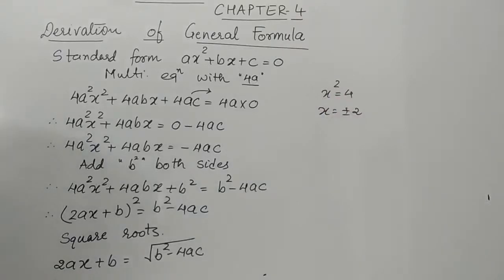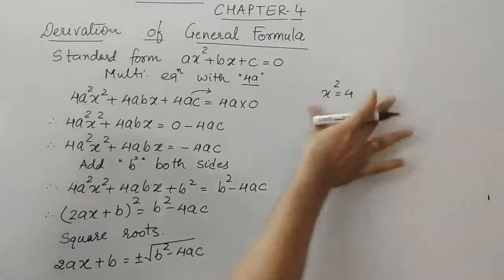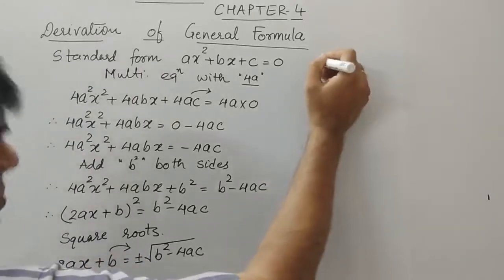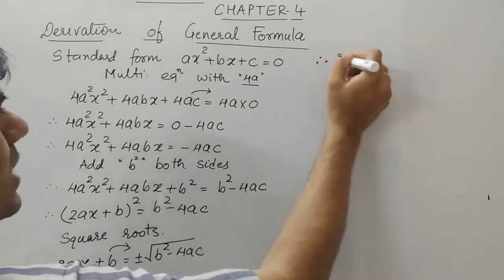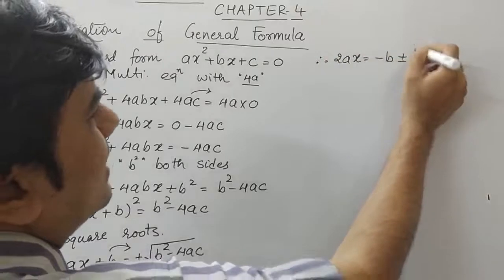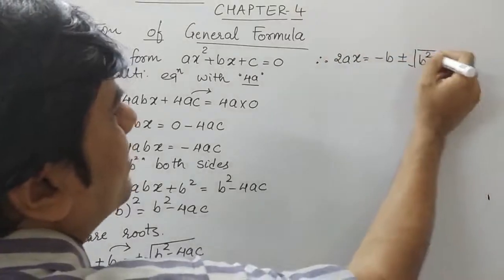So whenever you do the square root, there are two possible values you obtain. So that is plus or minus square root, on both the sides. To make x the subject, because that is what the question asks, first I'll take this b to the right hand side. So here we obtain 2ax is equal to minus b plus or minus square root of b square minus 4ac.